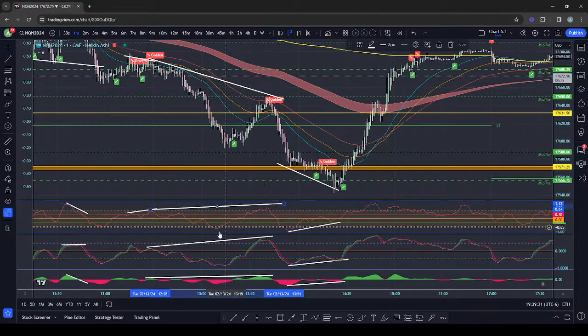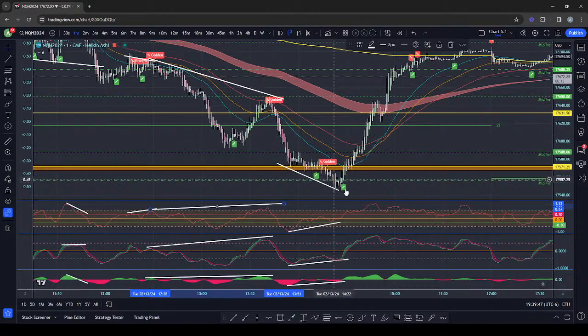You can clearly see it, and I have confirmation on all three indicators down below. So you could take this trade going down to this nice little zone, which I marked up here in the orange bar, or a little bit further than that was another major midline right here.